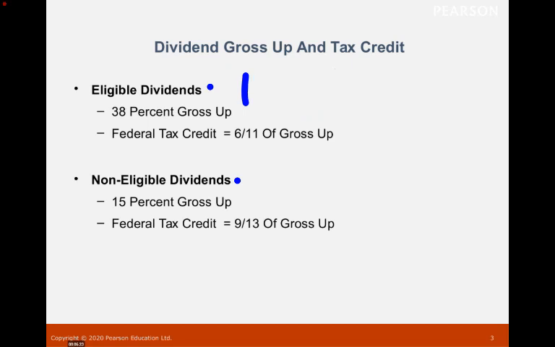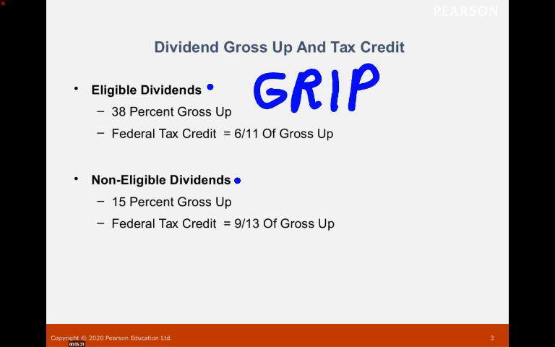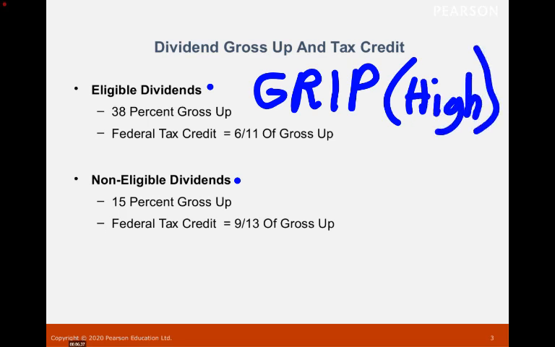It's the high one, but this is what comes from your general rate income pool. And that's, for lack of a better word, that's the high rate stuff. The stuff that does not qualify for the small business deduction. Then we had our non-eligible dividends, which had a 15% gross up and a federal tax credit of 9/13.